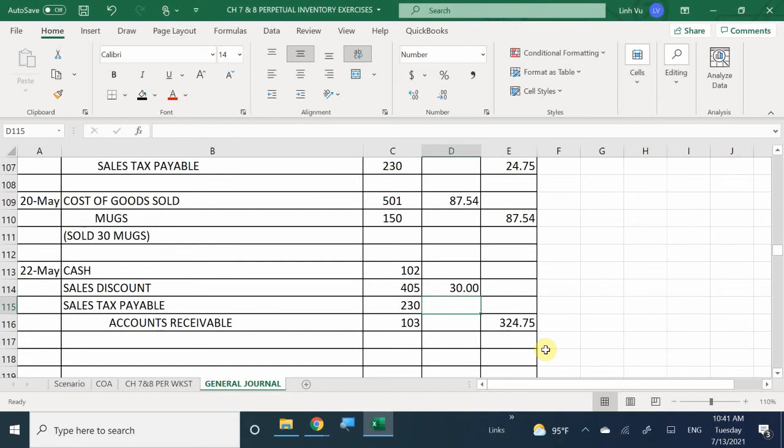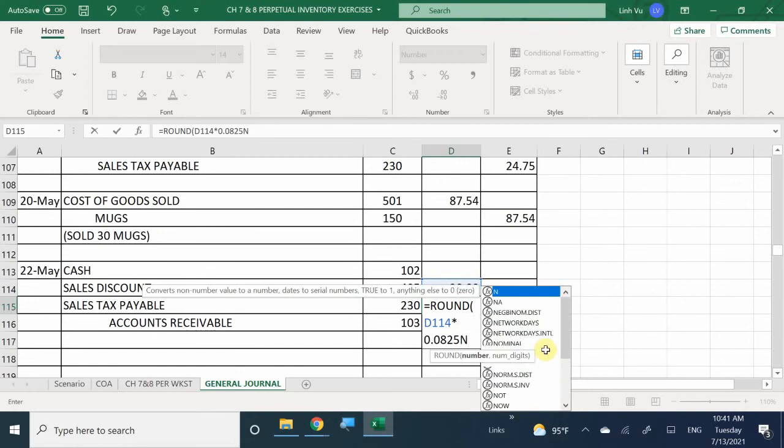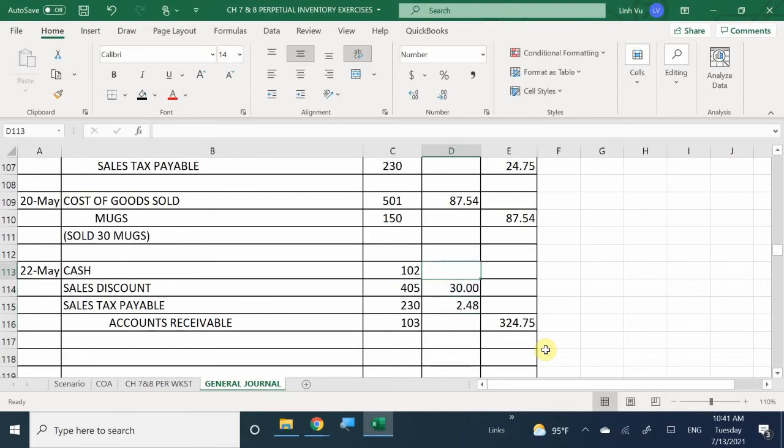Okay. Now, if I'm discounting him $30, that means those $30 are not taxable because I never charged him. So how much tax do I have to refund Customer B? $2.48, because once again, those $30 that he got a discount on are things that I can't charge because I'm discounting it.